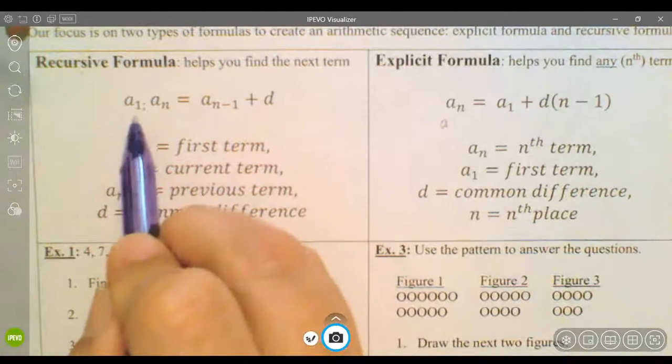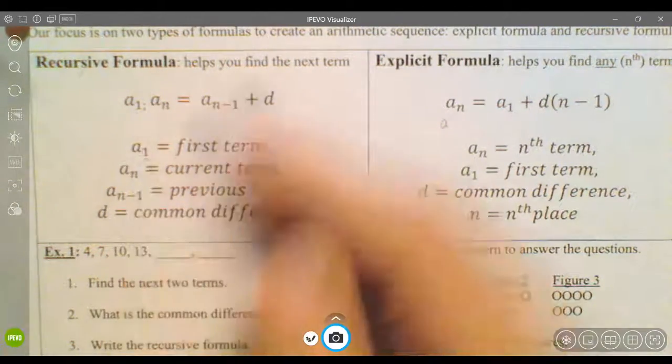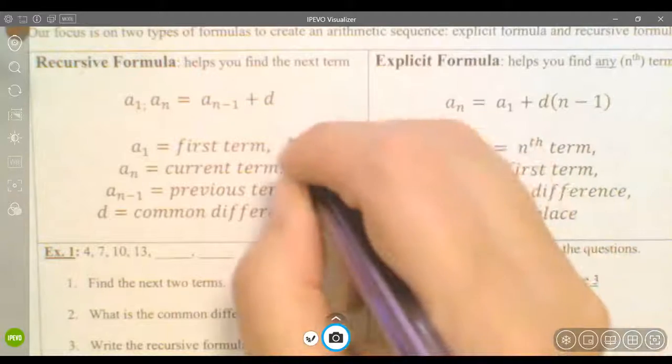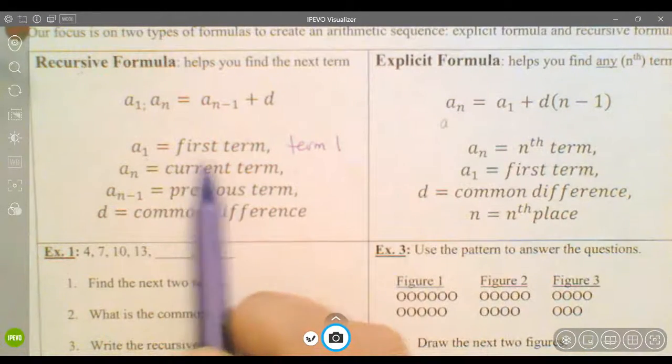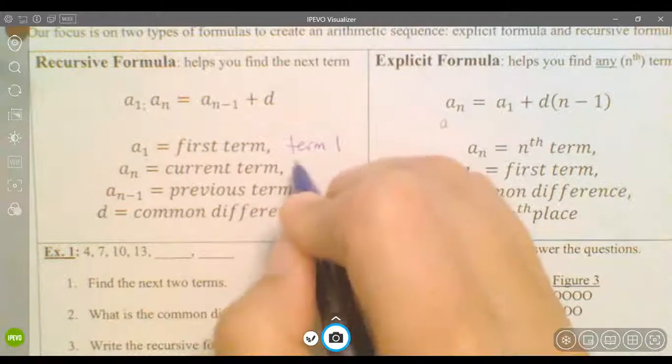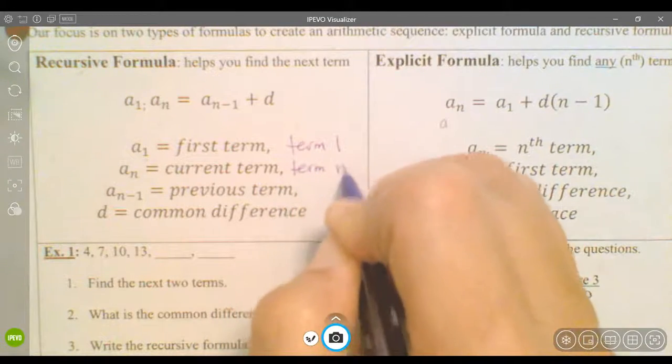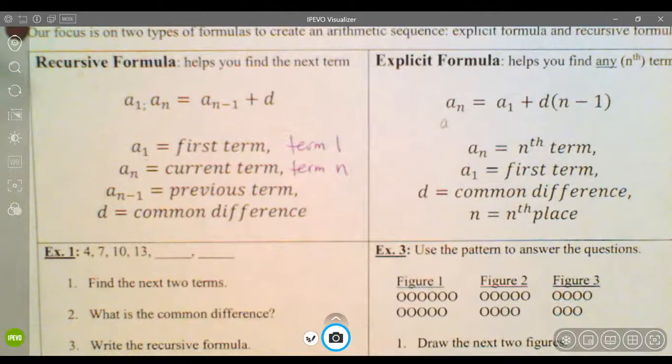So remember we talked about the subscript of 1. a sub 1 is really term 1, but we use the ordinal first. a sub n is term n.